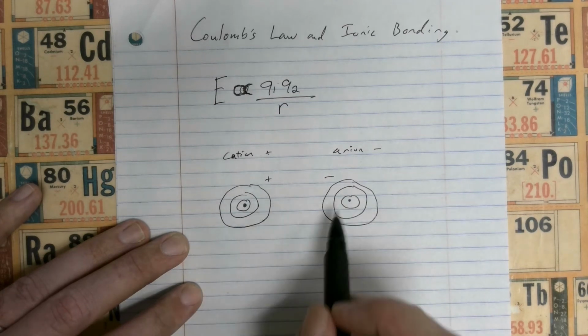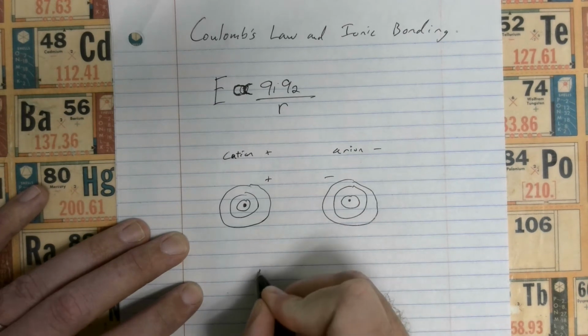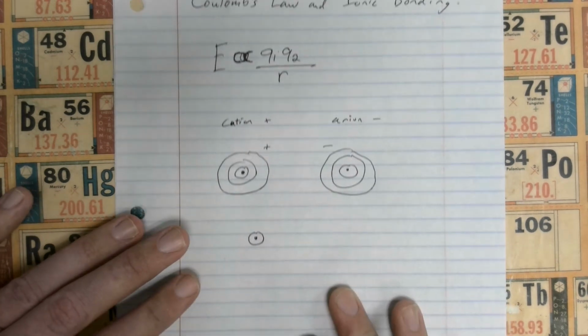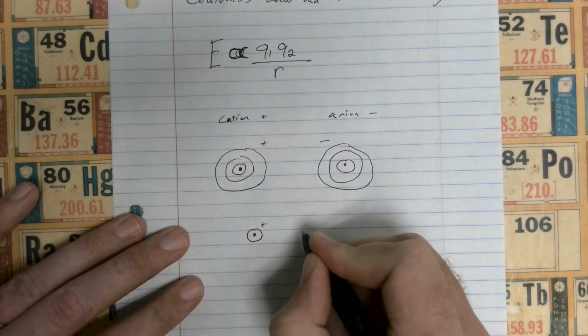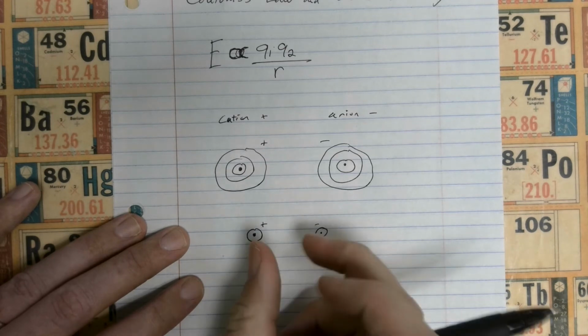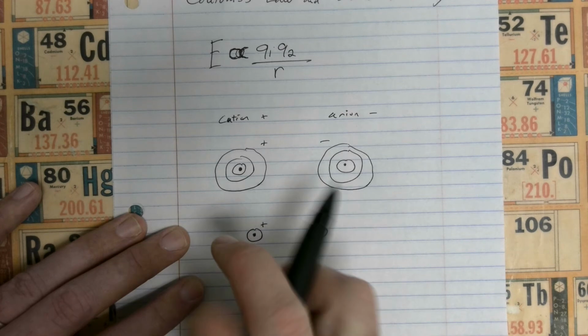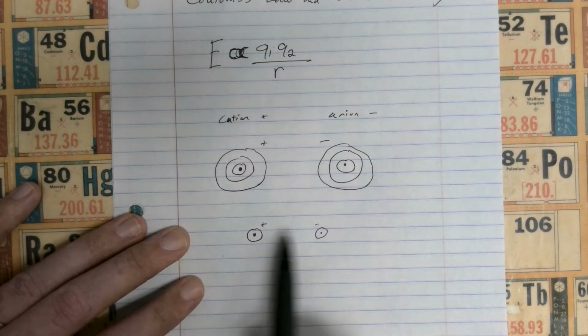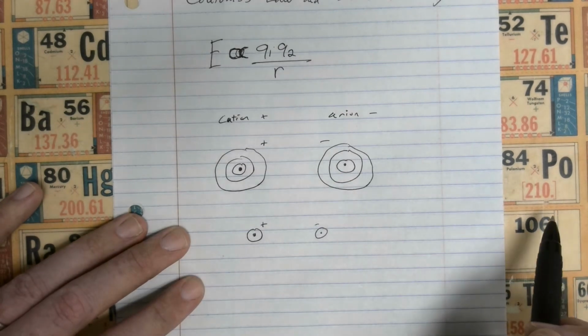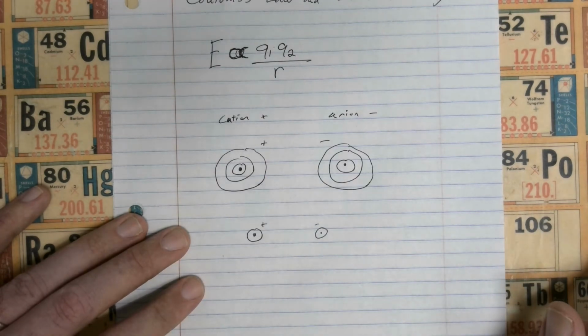Versus, if this is the cation and this is the anion, since there's not all these energy levels around, they can actually come together, and our distance between the two charges is going to be much smaller, and therefore going to give us a greater energy, a greater force of attraction, and therefore make the bond stronger.